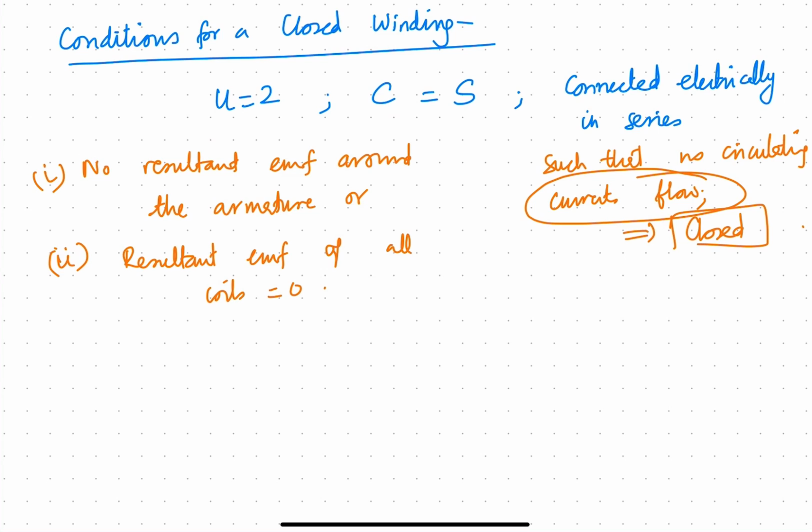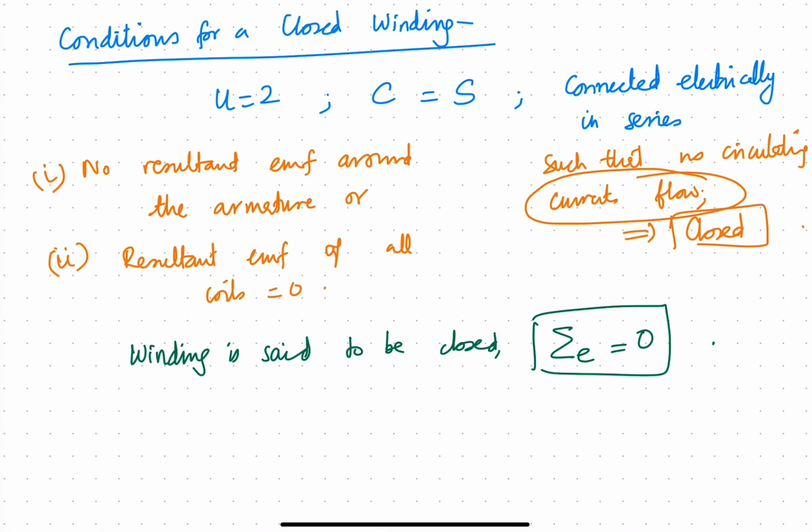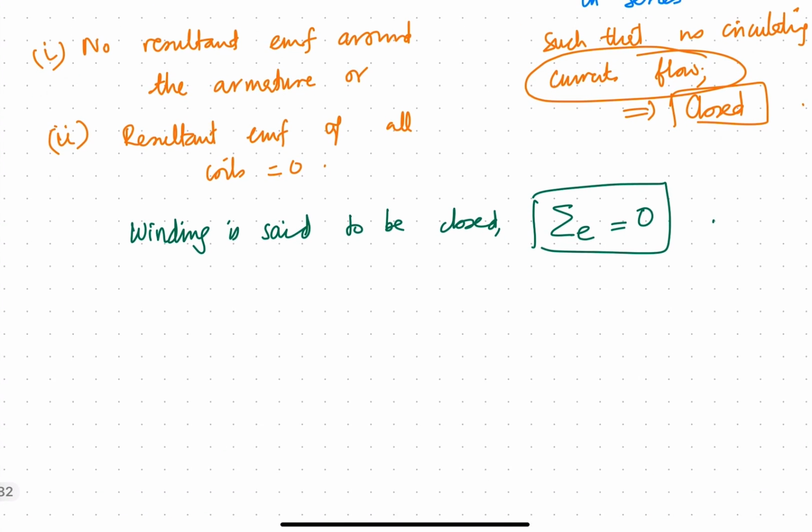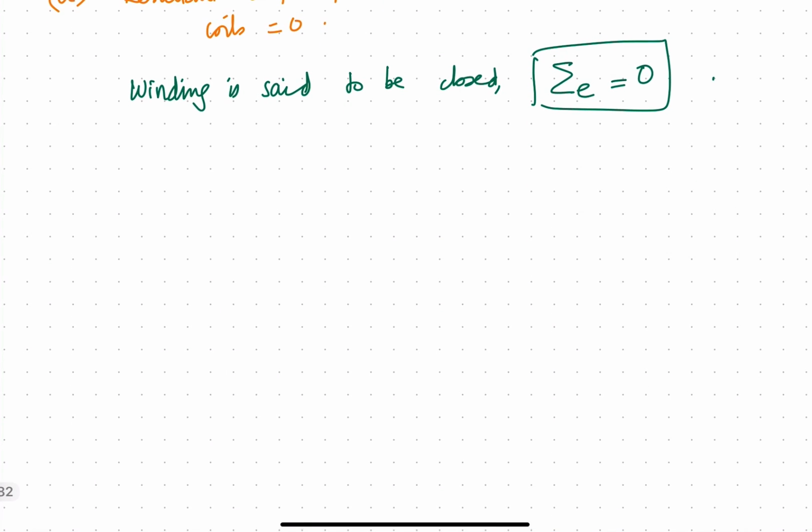The winding in this case is said to be a closed winding when summation of the EMFs is equal to 0. Okay, so what would happen in such a case? Let me draw the EMF star for you. The EMF star in such a closed case would be something like this.